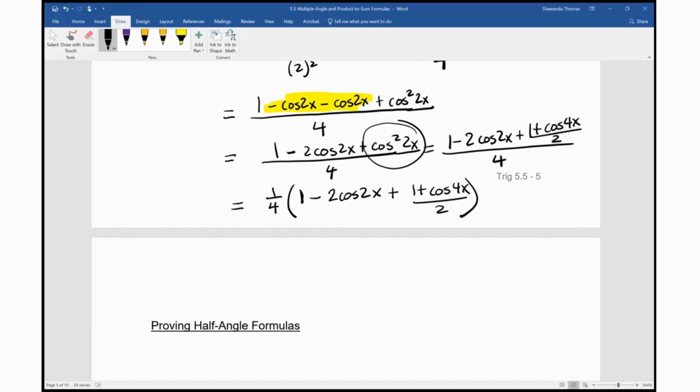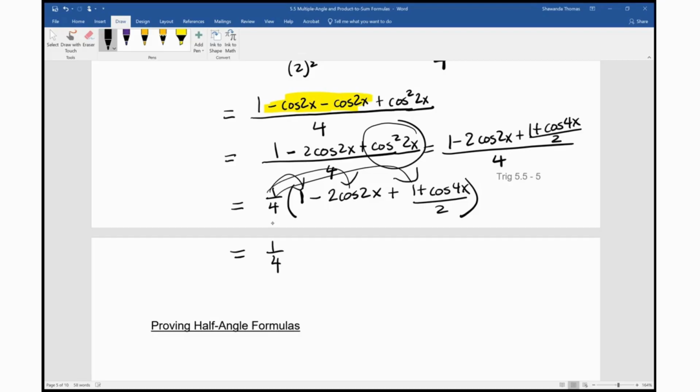All right, you can keep on going and going on and on. You could now multiply all this, but the original question said to get it down into cosines, and it could be multiple angles. We have already done that.